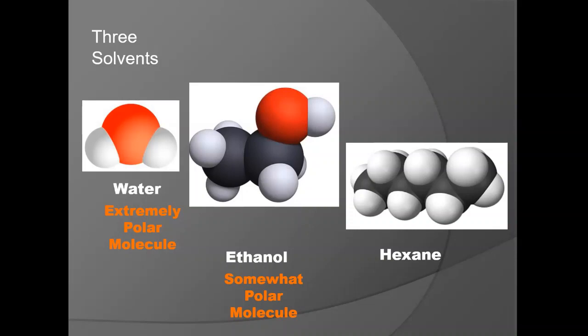We have a somewhat polar solvent, ethanol. And we have a completely non-polar solvent, hexane. And we're going to see how the polarity of our solvent affects what can and cannot dissolve in a substance.